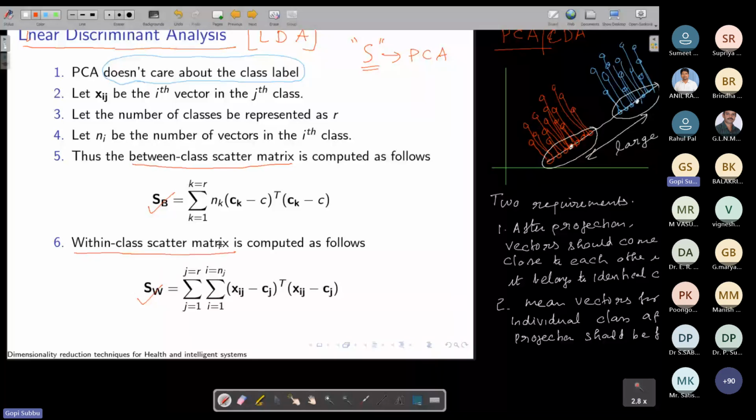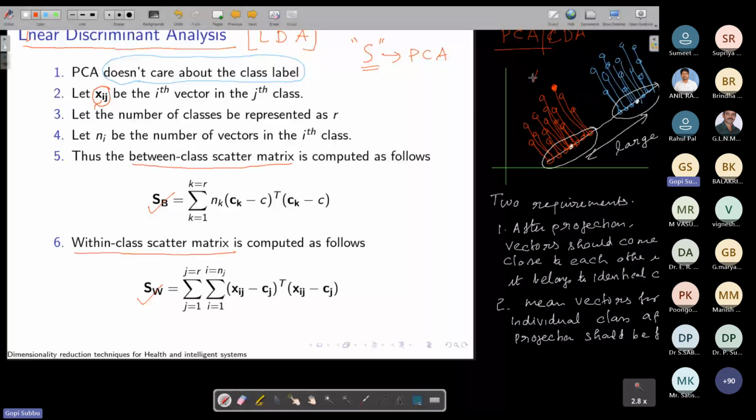Here, since we know the label of the vector belongs to the class, we write it as Xij. Xij means it is the ith vector in the jth class. For example, this one is the first vector in the first class, so it is x11.